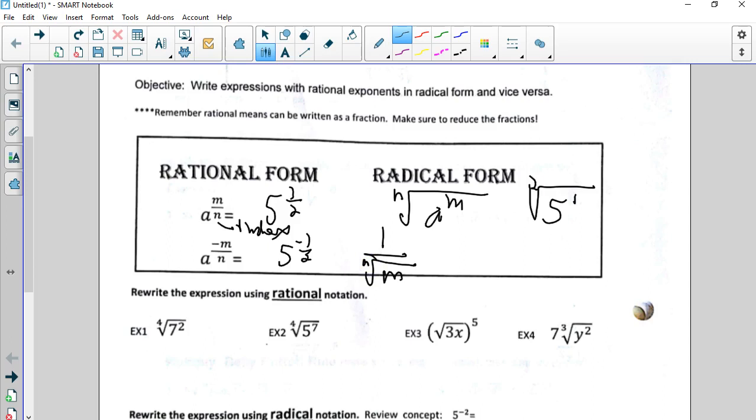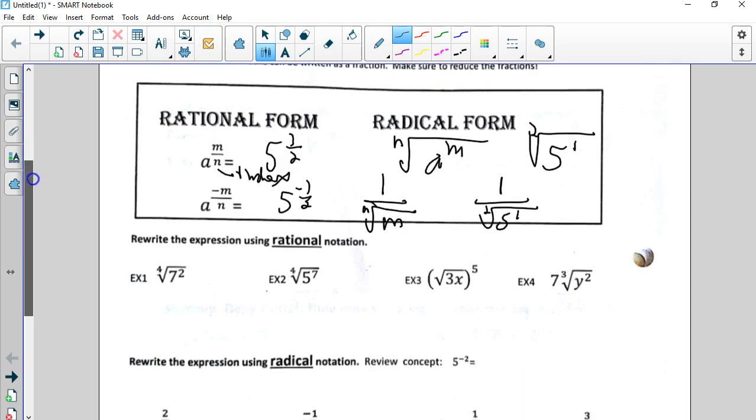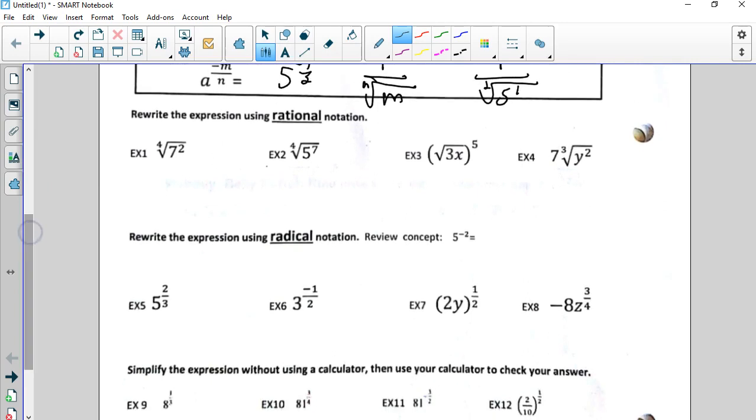And with our example of 5, it'd be 1 over square root of 5 to the 1/2. Okay, so remember, when you have a negative exponent, it just moves it down to the bottom, to the denominator.